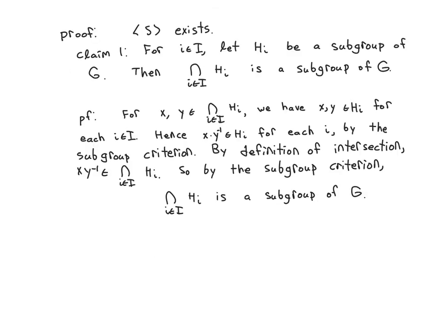So this is a bit of a bonus video. This is a proof that subgroups generated by a subset exist in complete generality. The first part is that if you've got a set I, and for each little element in here you define a subgroup of G, H sub I, then the intersection of all these subgroups is also a subgroup. This is often a homework problem in a graduate algebra course.